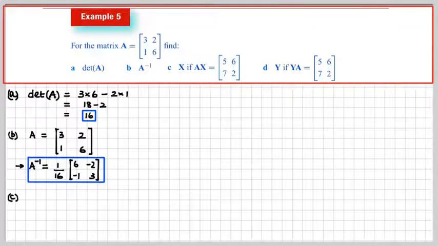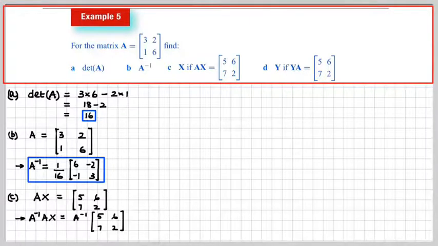Now, here comes C. Watch this. This is where we use the inverse to create an identity matrix. We've got A times X equals that. Therefore, what we do is we try to neutralise that A there by multiplying by its inverse in front of it, because remember I said if you have a matrix multiplied by its inverse, or an inverse of a matrix multiplied by the matrix, you'll just get the identity matrix. That's what we're trying to do.